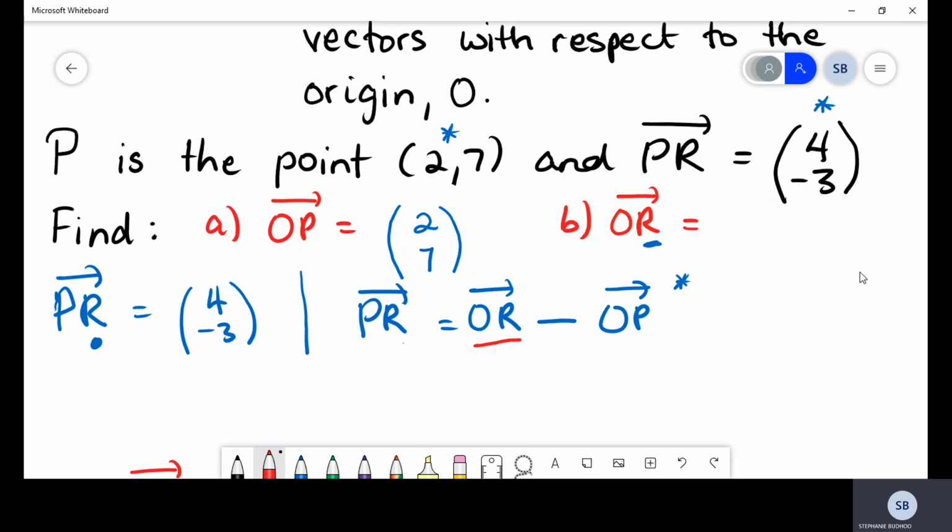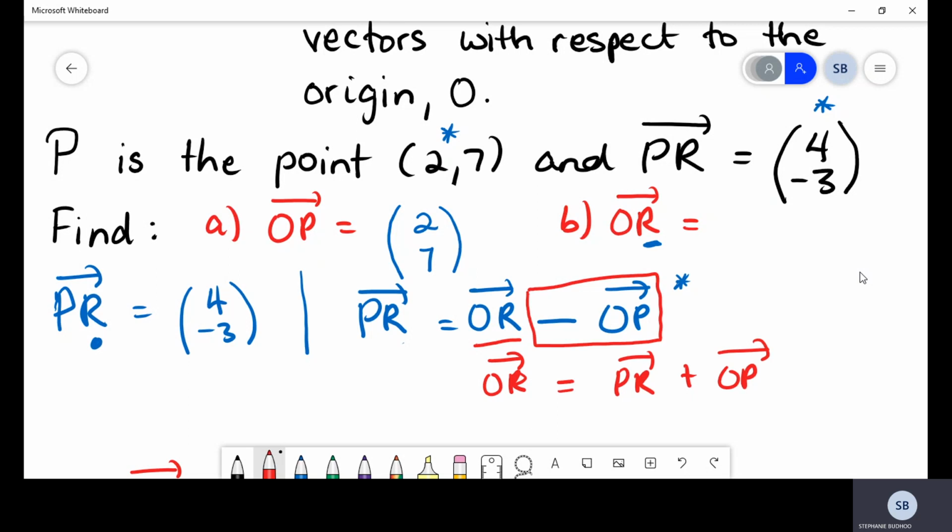Making OR the subject simply means carrying across our negative OP to the opposite side of our equal sign, such that we will get OR is equal to PR plus OP.